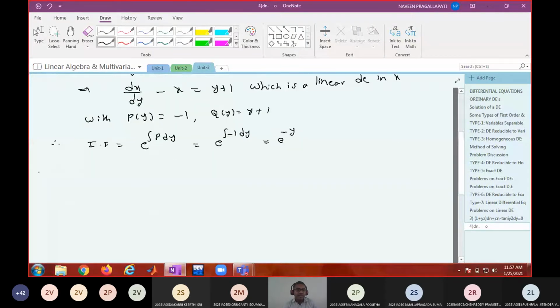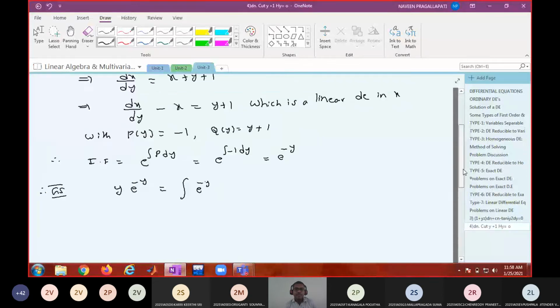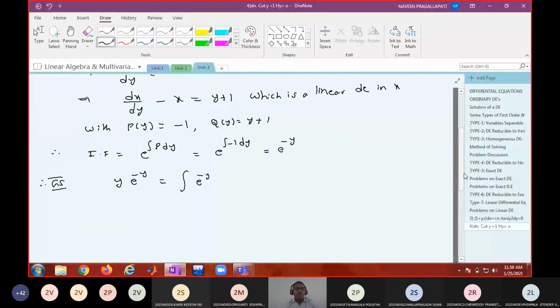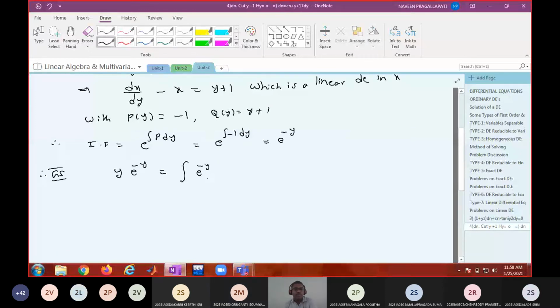Therefore, general solution is x into integrating factor e power minus y equal to integral of e power minus y into, what is q? Q is y plus 1, dy. Am I right? Now how do you integrate this?